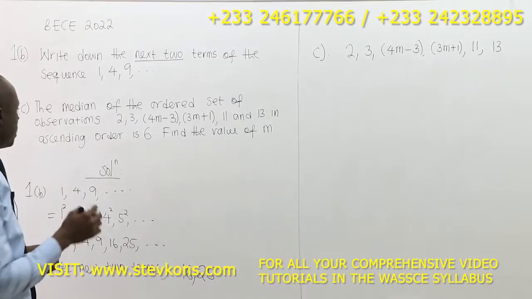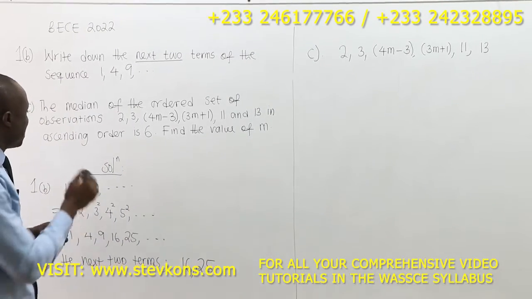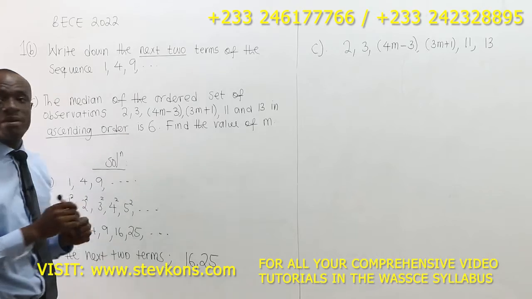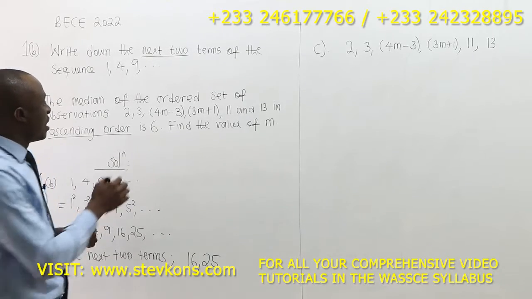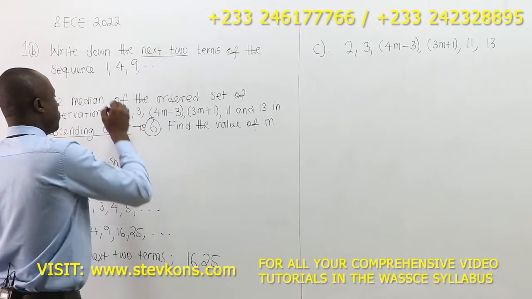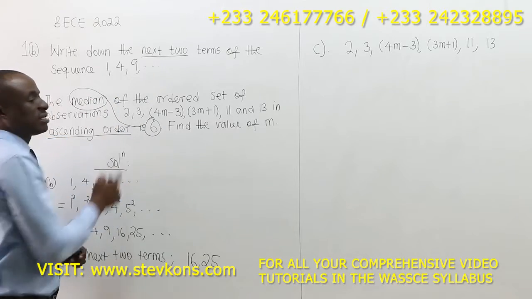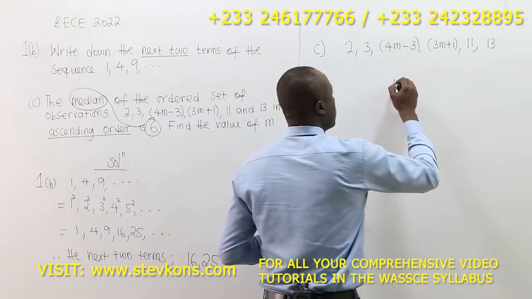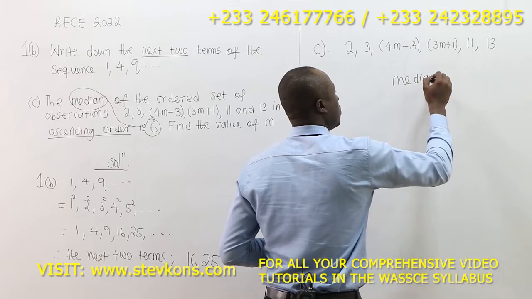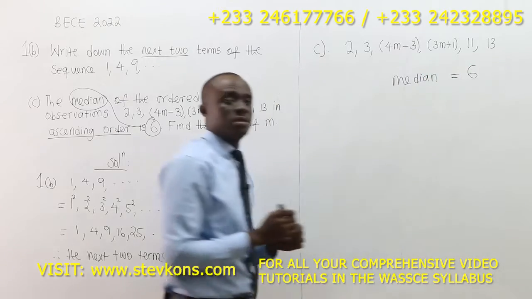We are being given that this is arranged in ascending order, and the median is 6. So you are being given that the median is 6.